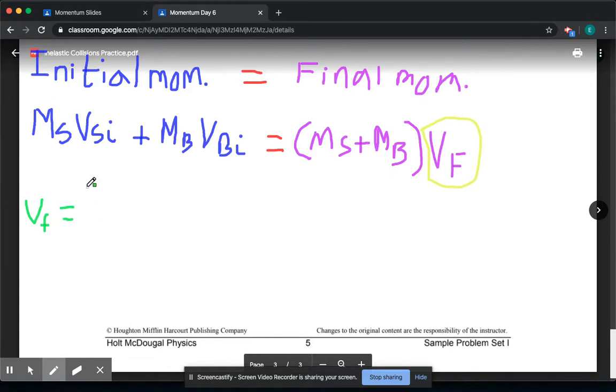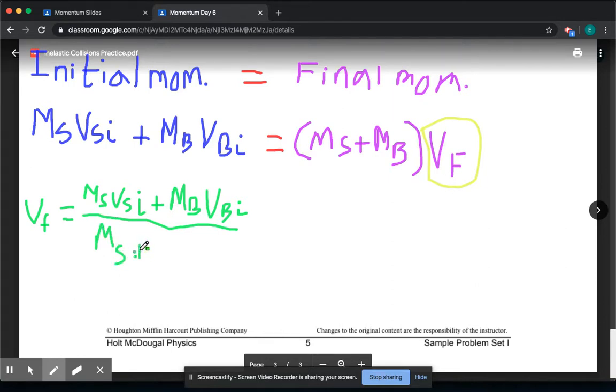VF is equal to MS VSI plus MB VBI, and that whole thing needs to be divided by MS plus MB. And we have all those numbers. We have everything we need.